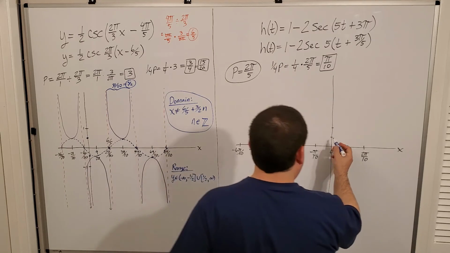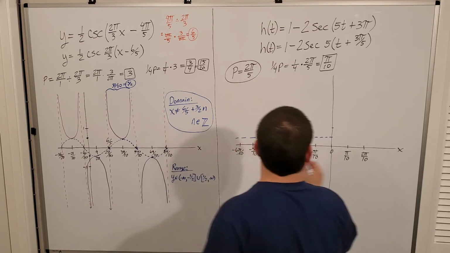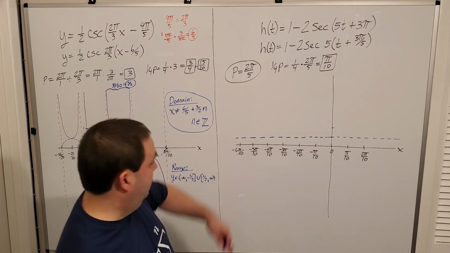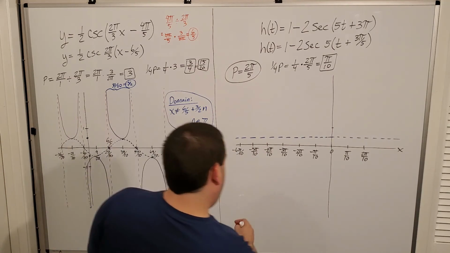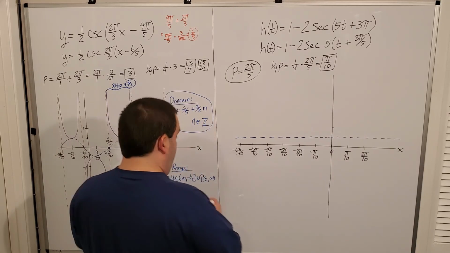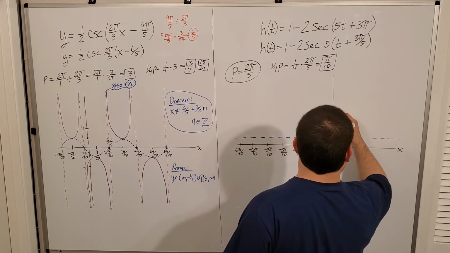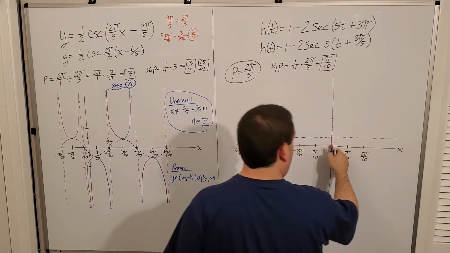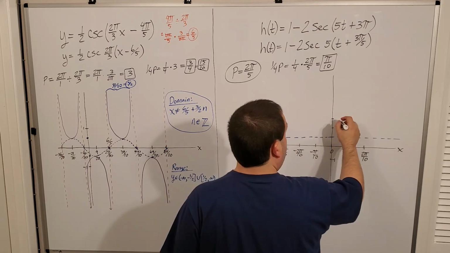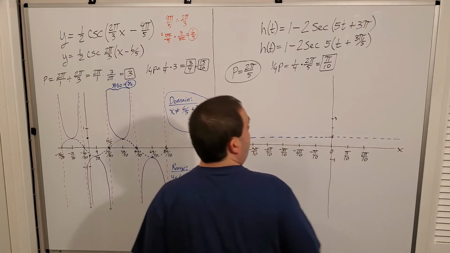So this is my actual center line here, right? Because it's a vertical shift upward at 1. And then my amplitude is 2. So I'll need to go 2 above that and 1, 2 below that. So this is going to be -1. This is going to be +3. And of course, this is +1 right here.